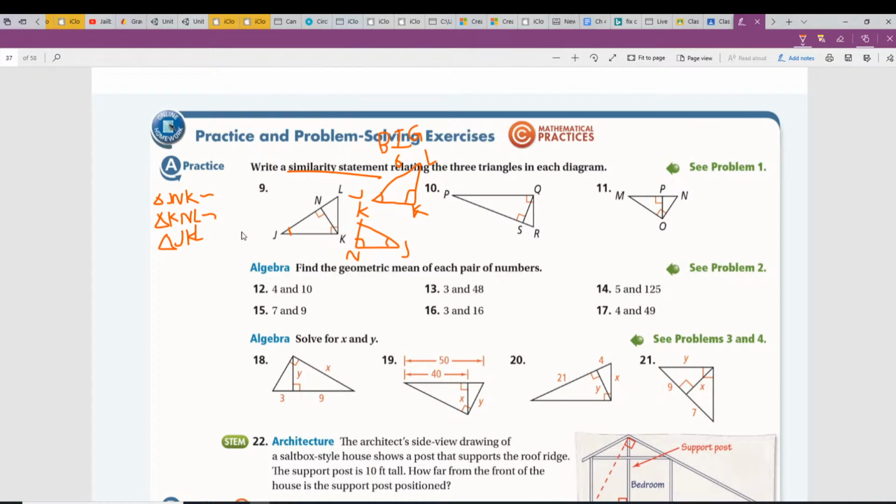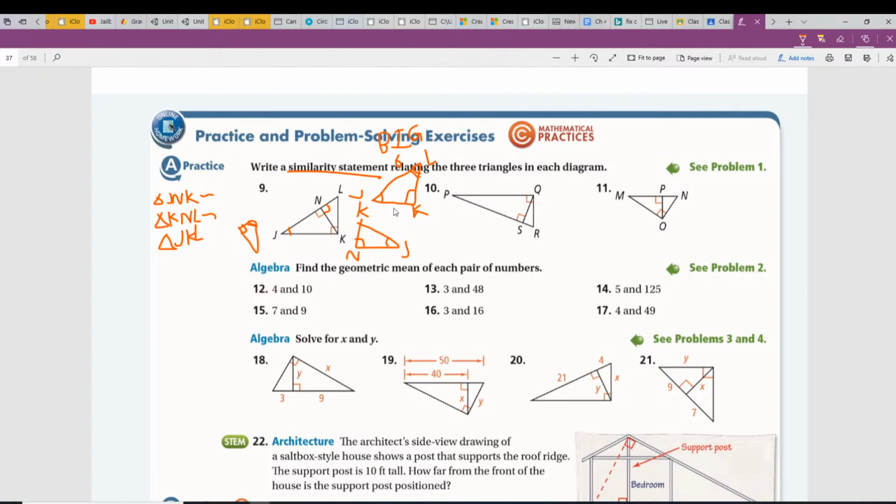Now the small triangle right here also has a 90 degree angle, because it's a linear pair: 180 minus 90 degrees. And this shares the angle with the biggest triangle, which is L. Okay, so the small triangle shares two angles with the biggest triangle.